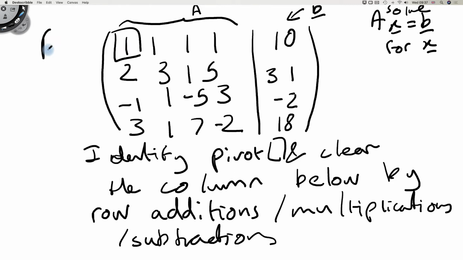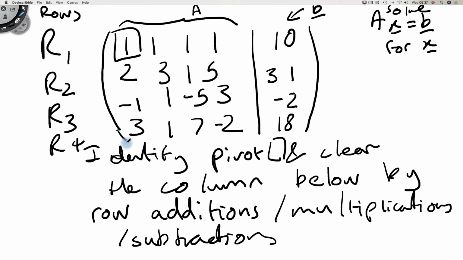We're going to identify the rows. I'm going to call this row 1, row 2, row 3, row 4, the fourth row. So to clear under the pivot, we do these operations. I'm just going to write them up for the first one. First of all, we leave the pivot row alone, and we operate on it with row 2.